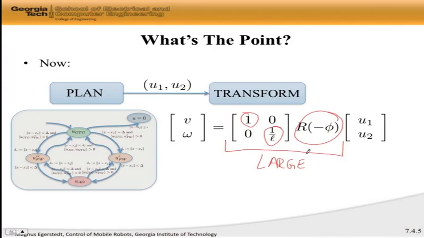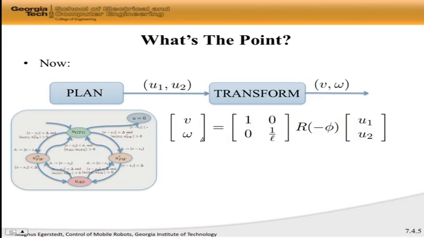And the larger this number becomes, the closer the tilde point and the actual point approach each other. I should put out a little warning, though, that if you make this number too large, then you get a behavior where the robot starts turning quite a bit, because this is going to hit omega directly. But this gives us a direct transformation instead of a tracker to produce the desired velocities.